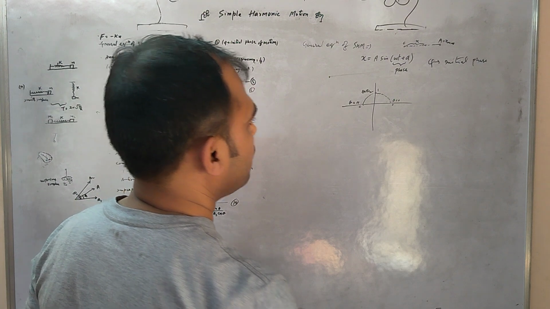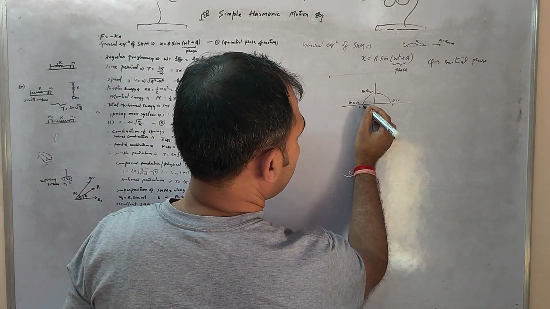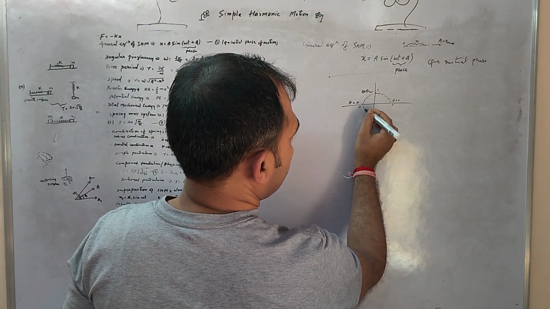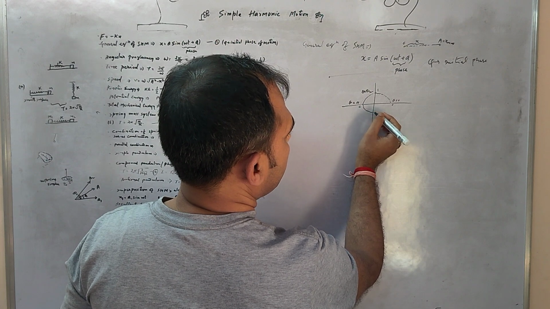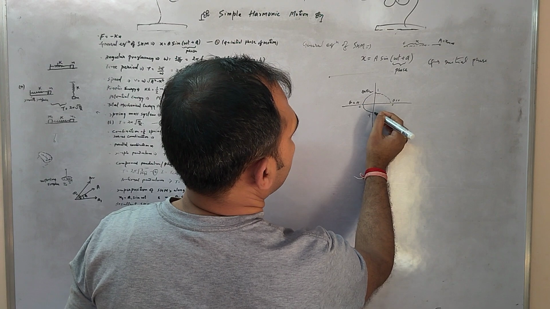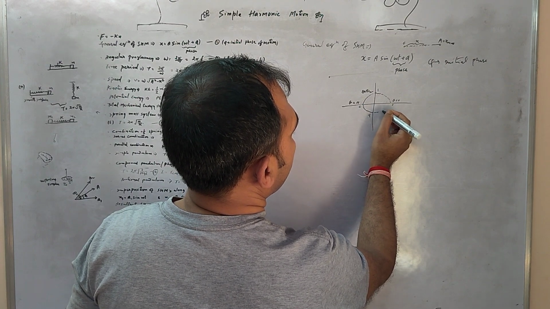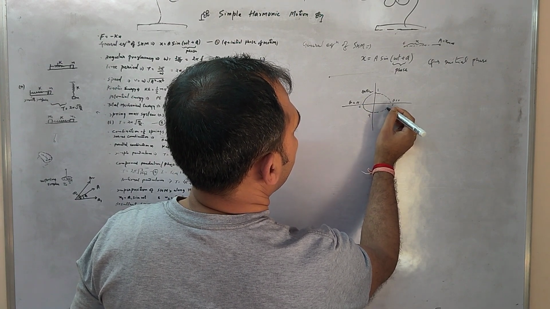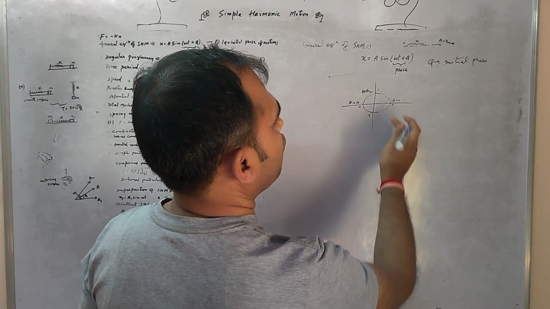This is again 0. Then it starts moving in the negative direction, goes up to -1, again starts coming back to 0 initial point.